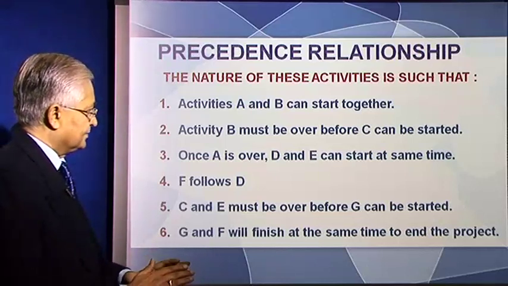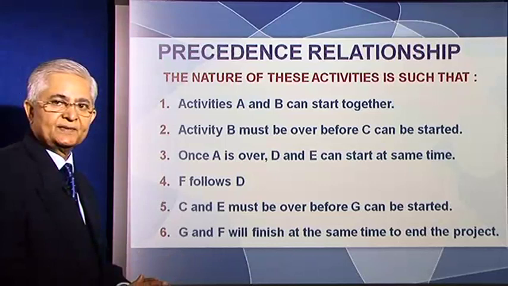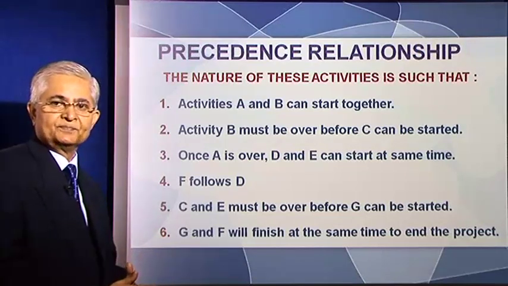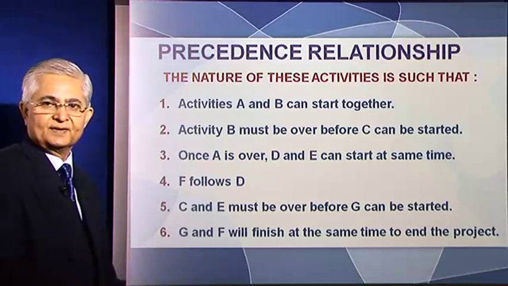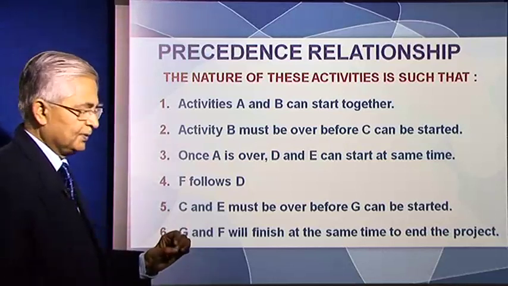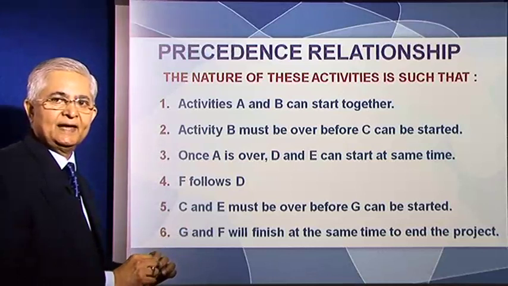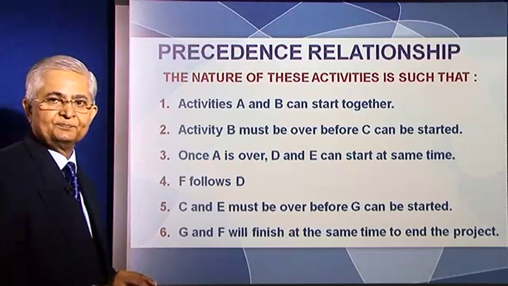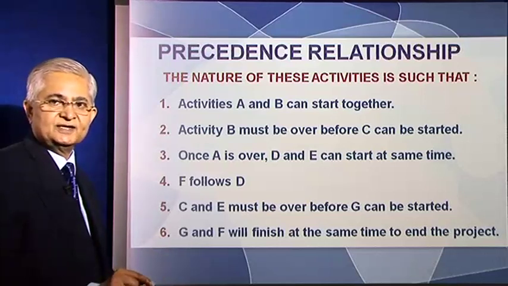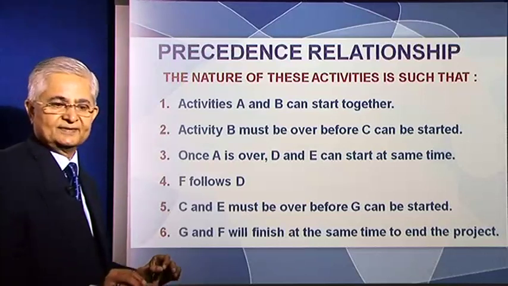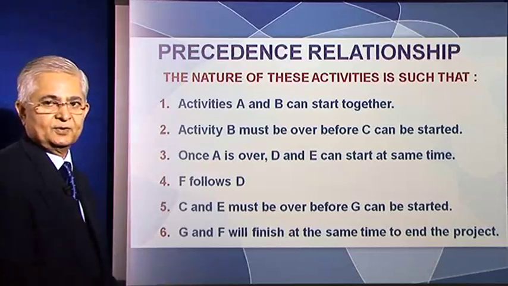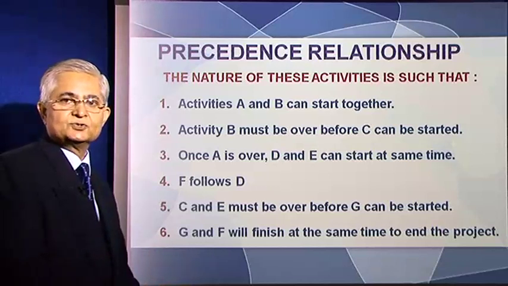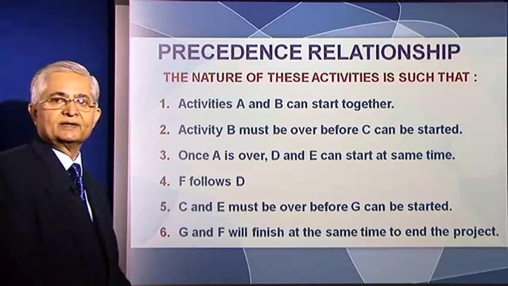Now, when both activity G and activity F are over, the project is over. So the project begins with activity A and B starting off, and the project ends with activity F and G finishing. That is the project. Now what we have done so far is to create the work breakdown structure.